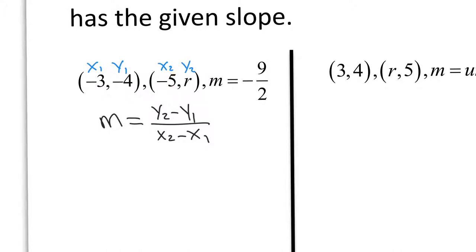We know what the value of m is, so you are going to substitute this fraction for m, your slope. I'm going to do that right now: -9/2. Now, this is very important. If you have a slope that is not a fraction, go ahead and make that number a fraction.